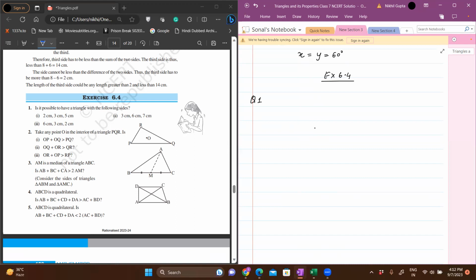So if I take question number 1, first part only, we have 2 centimeters, 3 centimeters and 5 centimeters. If you find the sum of the 2 and 3 sides, it is ultimately equal to 5 centimeters, which is equal to the third side only, which is 5 centimeters. So here the sum of two sides of a triangle is not greater than the third side.